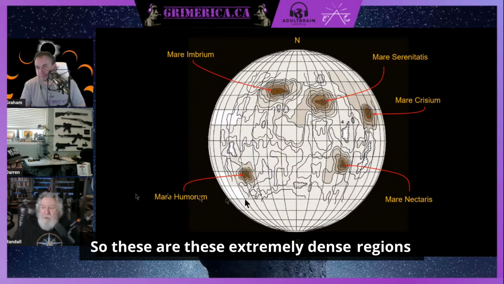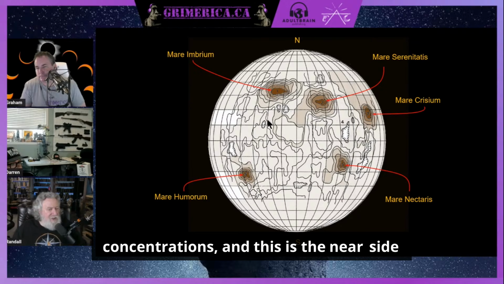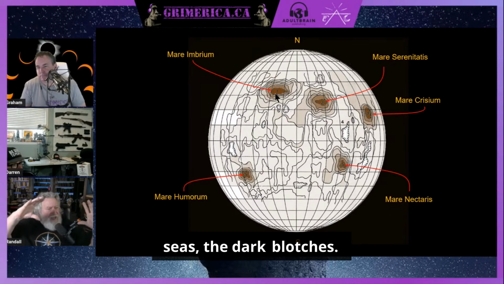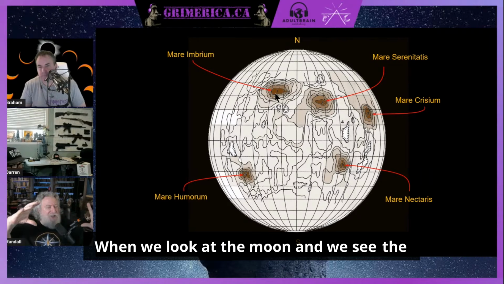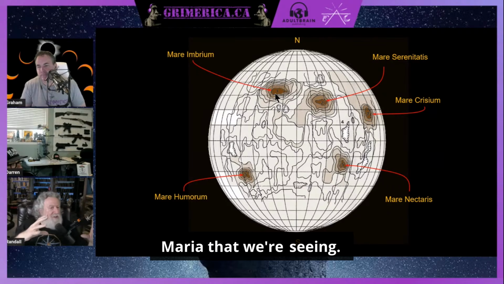Okay, so these are extremely dense regions underlying the lunar surface, mass concentrations. And this is the near side Maria, which are the big seas, the dark blotches. When we look at the moon and we see the man in the moon face, that's because of the Maria that we're seeing.